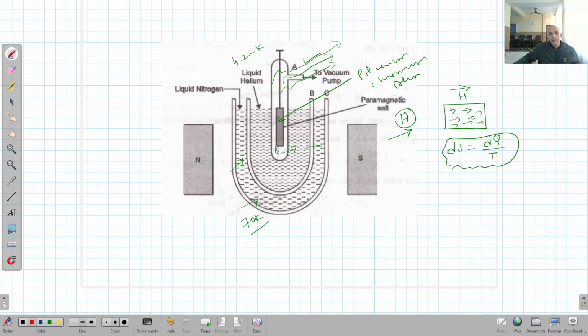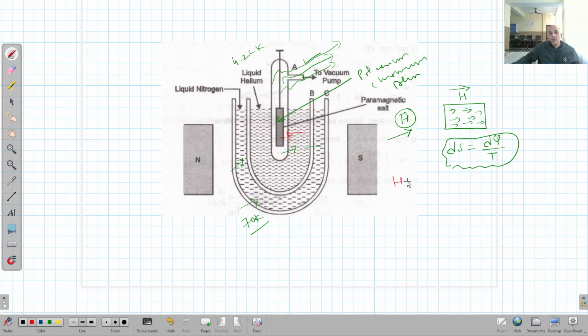The purpose is that now there is full insulation between this sample and the outside liquid helium. Now there is no way of transfer of heat from here to here. Now this material is fully thermally insulated. Clear? And at this very moment we will switch off this magnetic field.